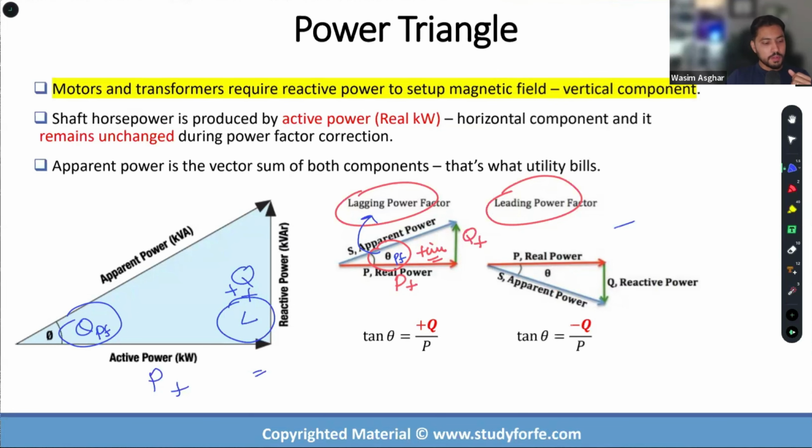So theta power factor is positive when we are dealing with lagging loads. Is that clear? Now, conversely, if I have a Q which is negative, what would negative Q mean? Negative Q will mean that we are generating reactive power. Does it make sense, guys?